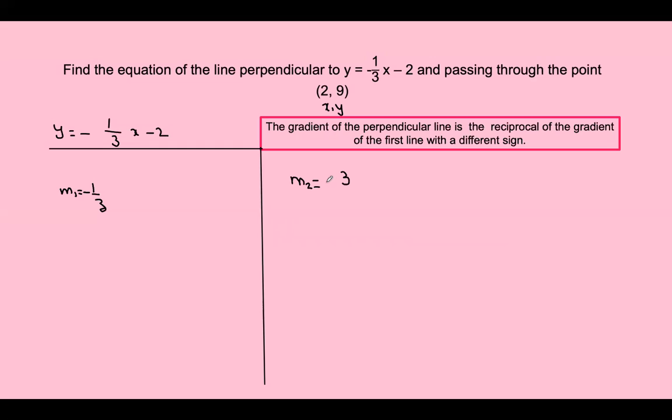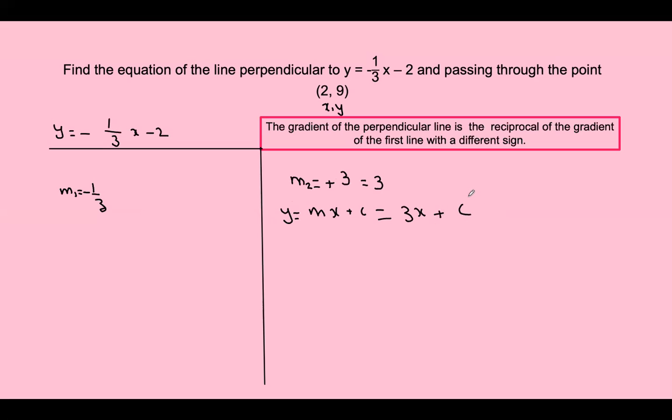So it's +3 or simply 3. Right, now we can substitute this into the general formula of the equation of a straight line, which is y equals mx plus c. Let's substitute this m, so it's going to be 3x plus c, right?